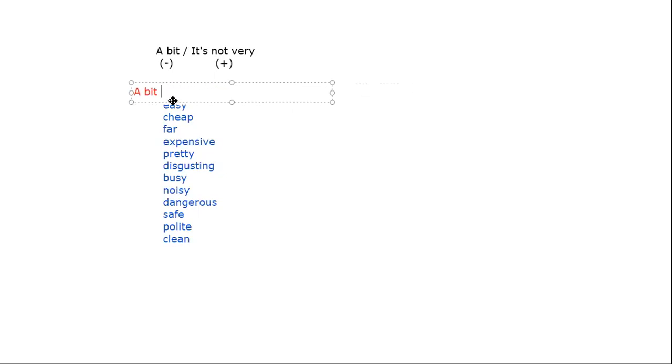On the other side, when you have an affirmative adjective, you can use it's not very. See, I can see now why you got confused. Ahora veo por qué se enojaron. Pues porque se confundieron, perdón. It's not very easy. Sí, it's not very easy.